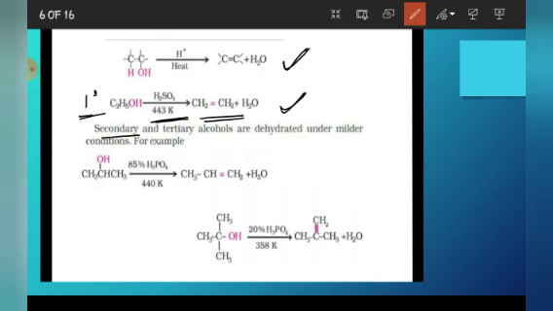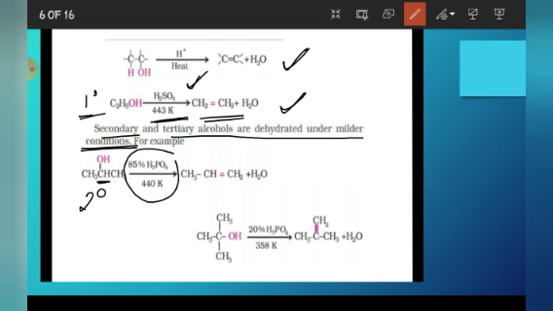Now secondary and tertiary alcohols are dehydrated under milder conditions, as is clear by the reactions given here. This is what? 2-degree alcohol. Why? Which group is present? CHOH. And see, the reaction conditions are milder than this one.